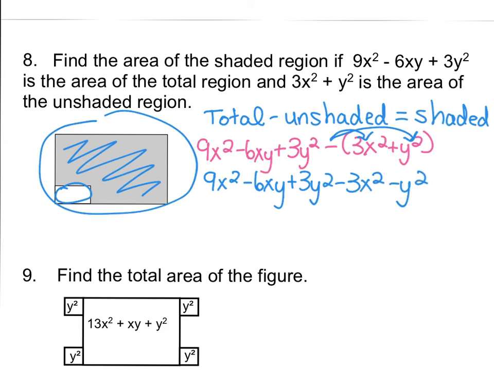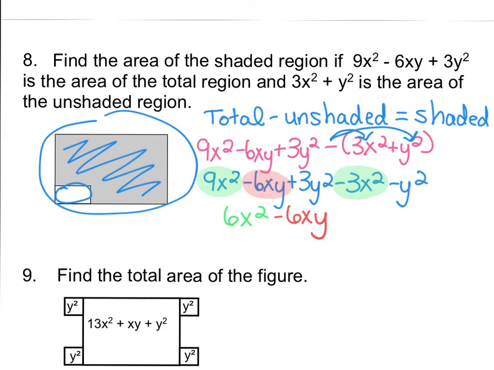Now I can combine like terms. So 9x squared minus 3x squared is going to leave us with 6x squared. Then I want to combine my negative 6xy, and I don't have anything else to combine that with, so I just include that in my answer, negative 6xy.